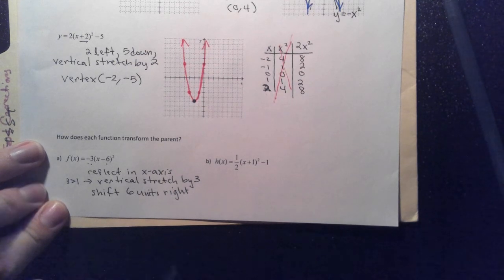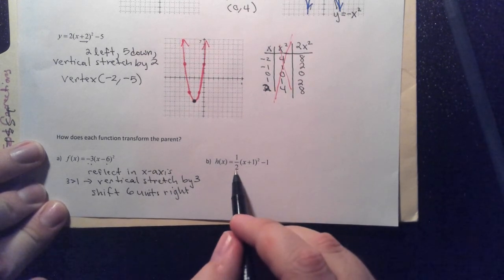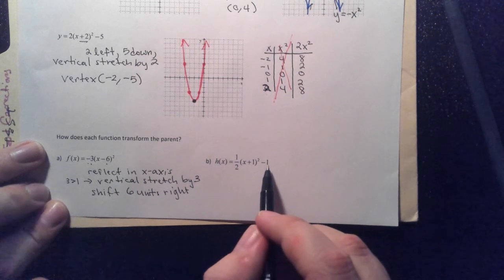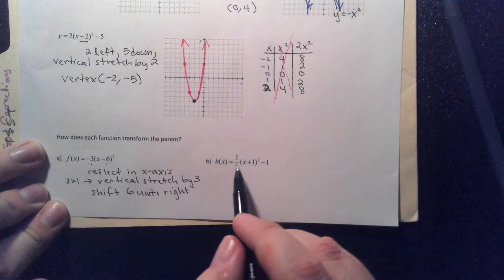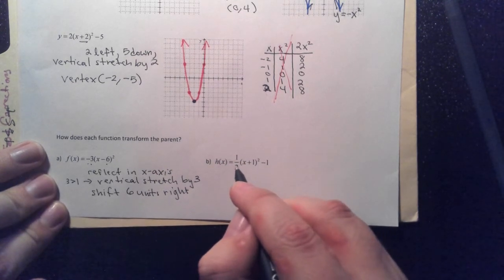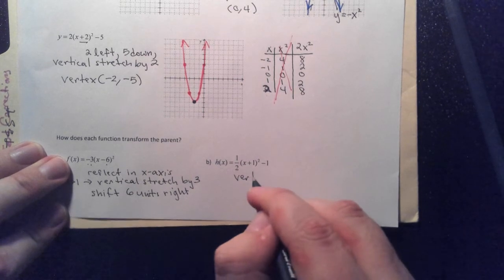One more over here. h of x equals 1/2 times x plus 1 squared minus 1. This 1/2, since 1/2 is less than 1, what I have here is a vertical compression.